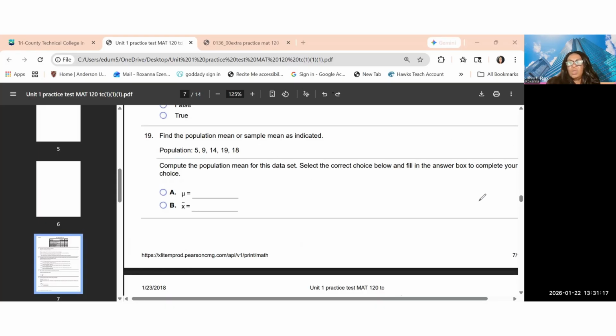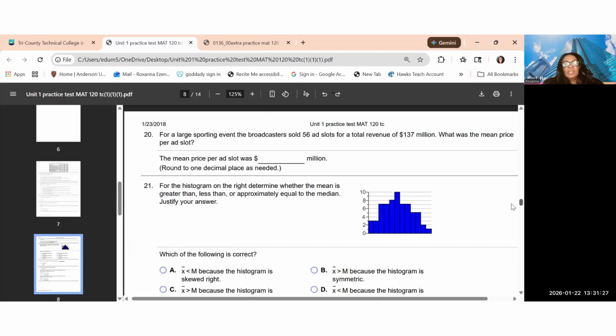All right, so let's go to the next one. For a large sporting event, the broadcaster sold 56 ad slots for total revenue of 137 million. What was the mean price? So how many did he sell?